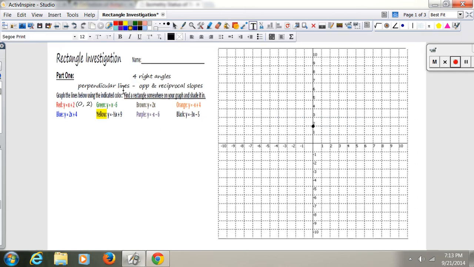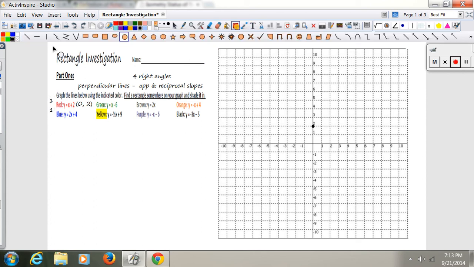Now this line has a slope of 1. If we want to make it a fraction, we could put 1 over 1, and that would be our slope.